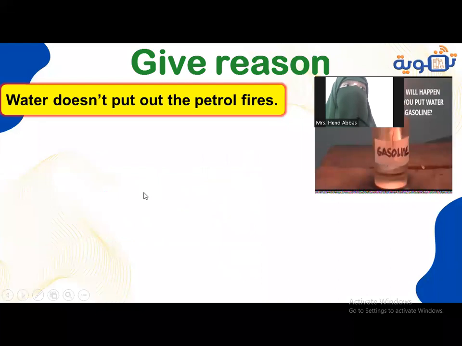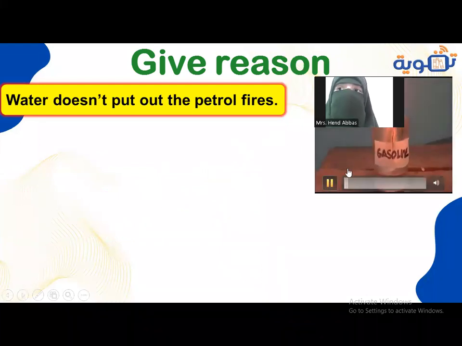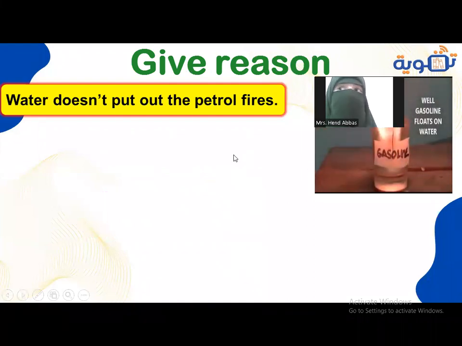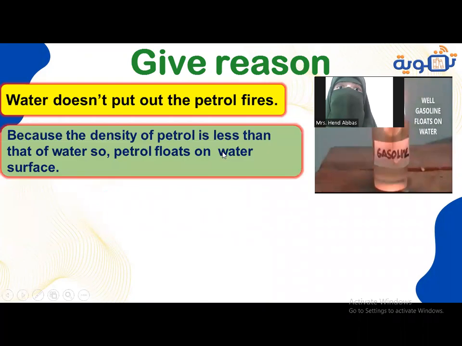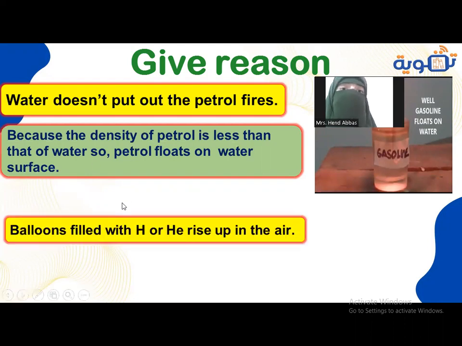Why doesn't water put out petrol fires? If we have petrol here and we add water, it will not put out this fire. Why? Because petrol has less density than water, so the petrol will float on the water surface, so we can't extinguish petrol fires by using water.